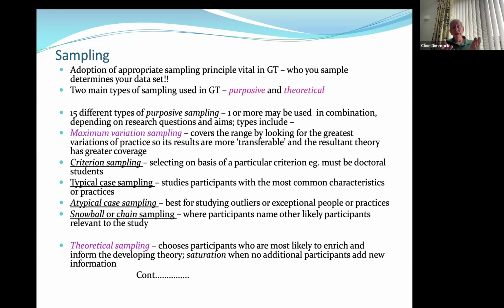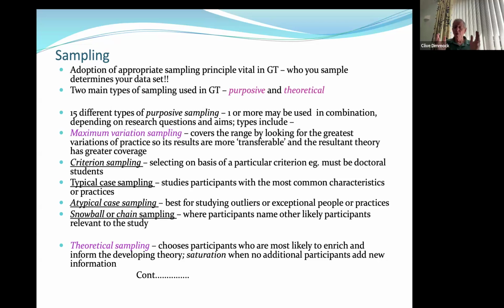academics. But you can have typical case sampling, you can have atypical case sampling, snowball or chain sampling, where you ask somebody you're interviewing, can they recommend someone else who has a different view from them? So that one's often used. And theoretical sampling is used in GT, where you deliberately choose people who can enrich and saturate your data.